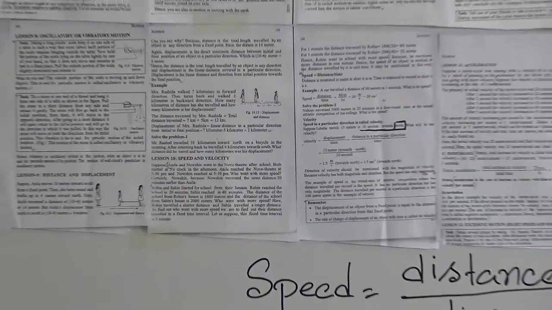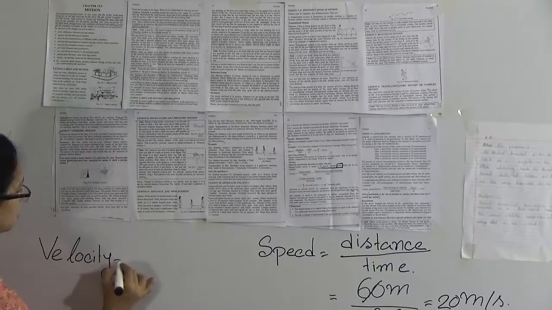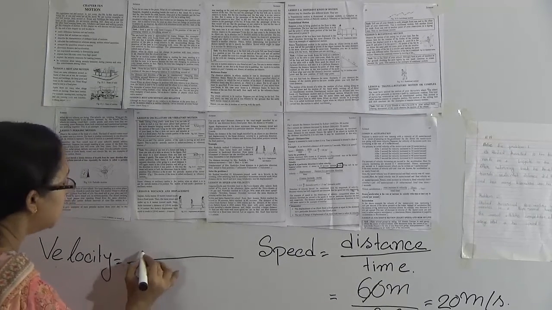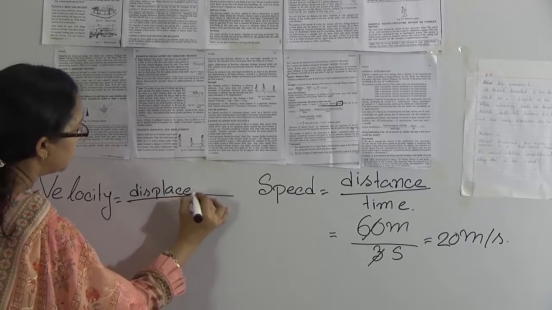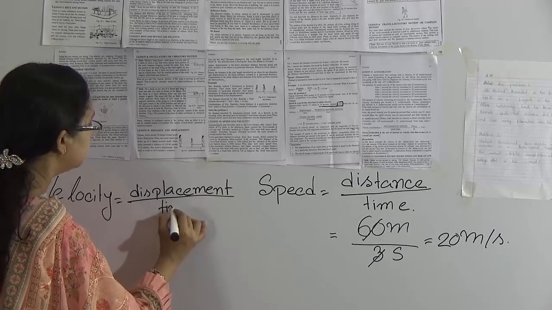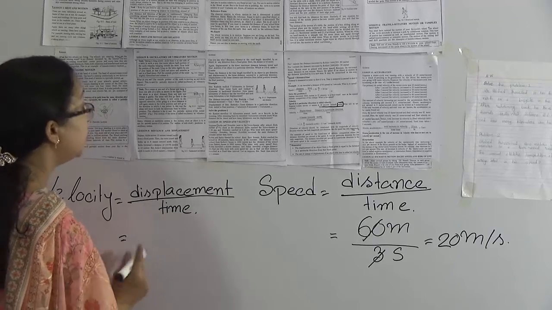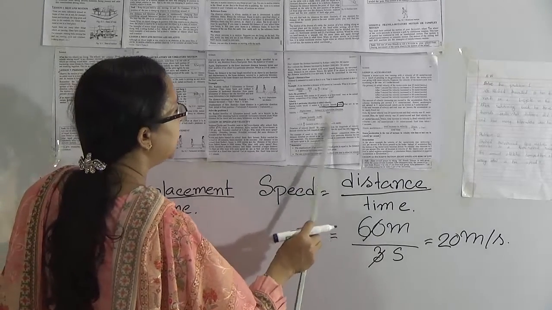To find out velocity, we will follow this formula. Velocity equals displacement by time, equals distance in a particular direction and time.